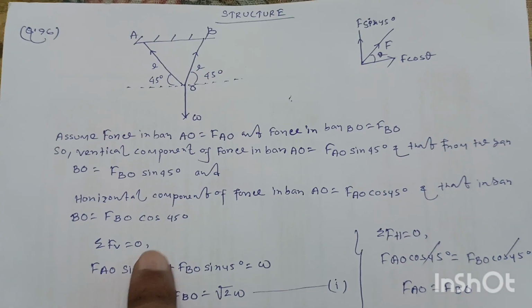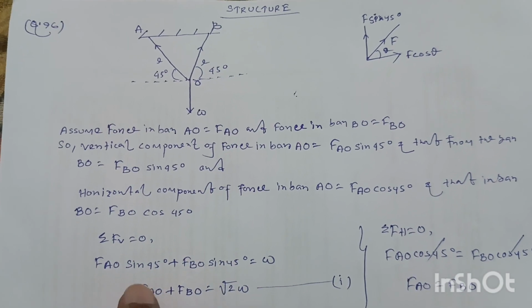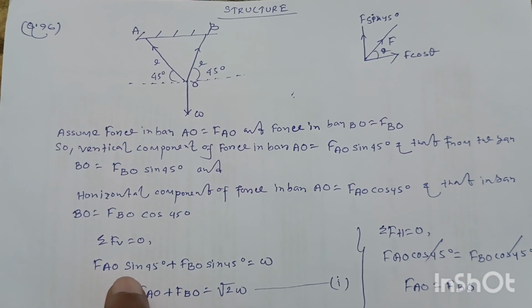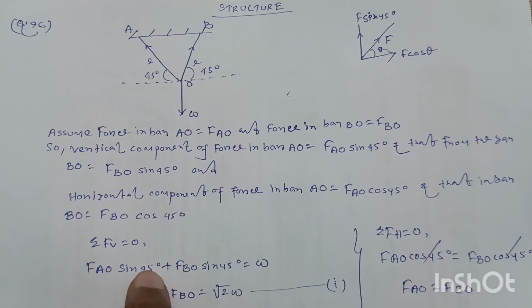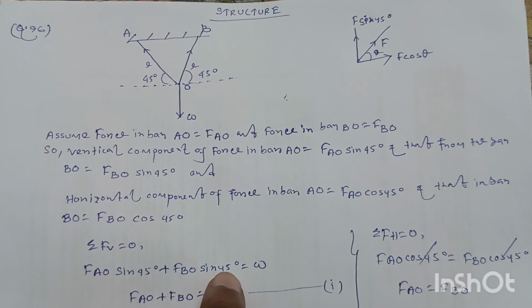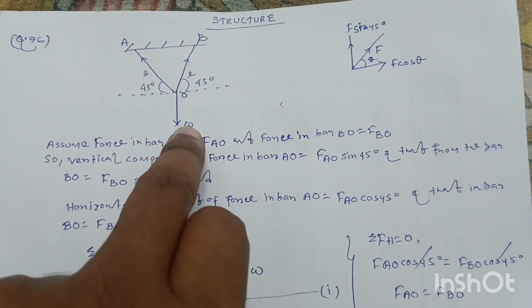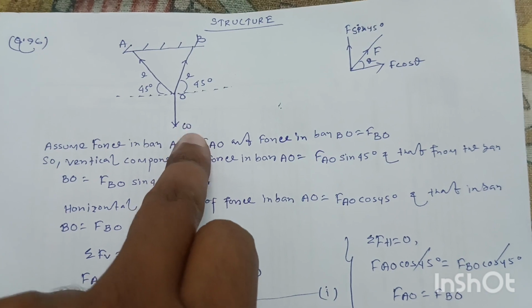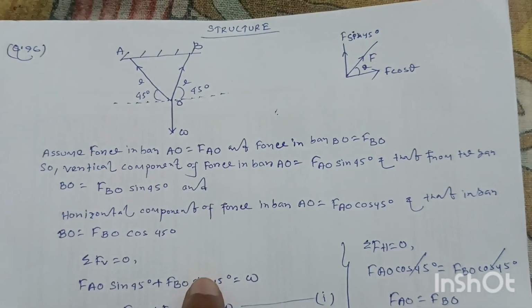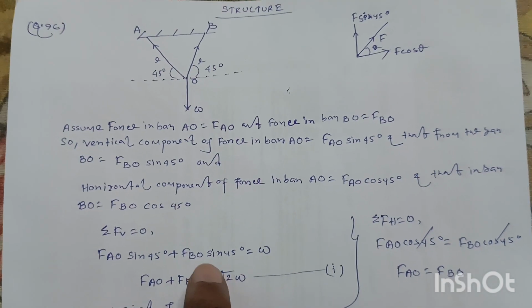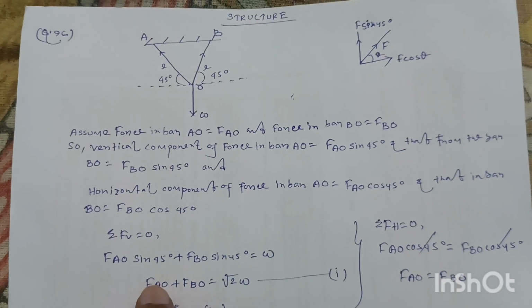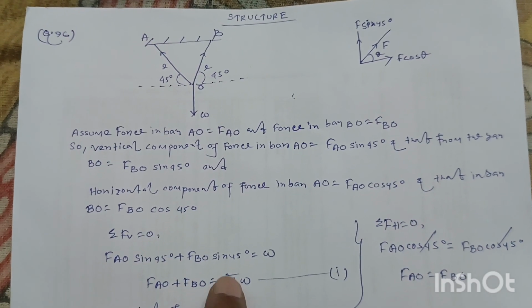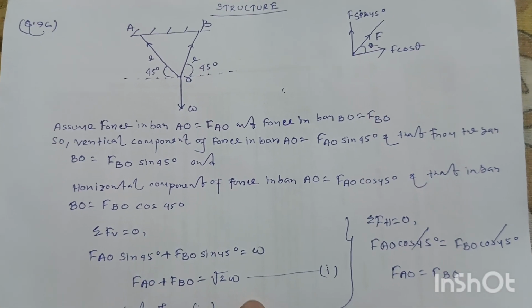If we do that, the vertical components of forces will be FAO sine 45 degree plus FBO sine 45 degree equal to the opposite directional load, that is W. Now if we solve, FAO plus FBO will be equal to root 2 into W.